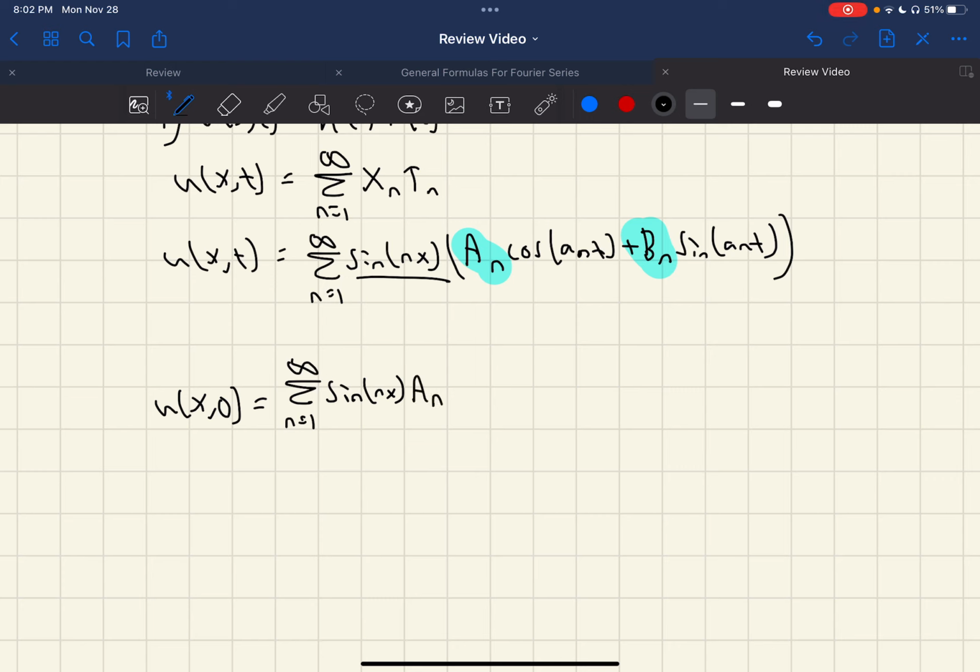When you plug it into sine, it becomes 0. So now we have it in a very familiar form of a sine series. And that's equal to our initial condition, which is 0.01 sine of 3 pi x, with bounds from 0 to pi.